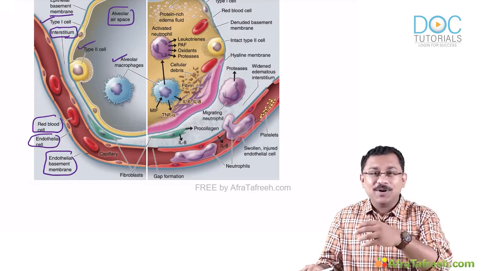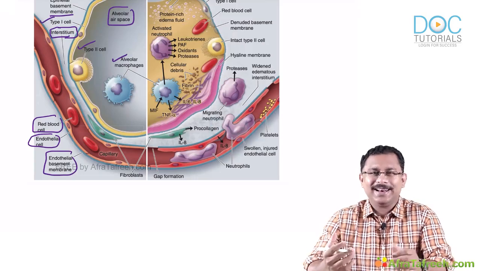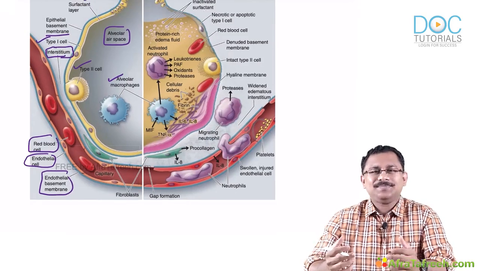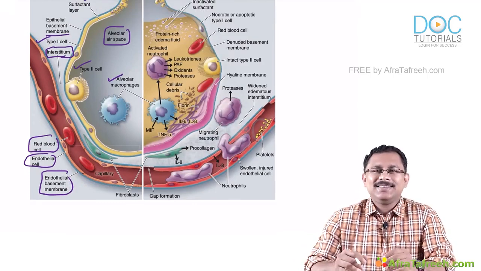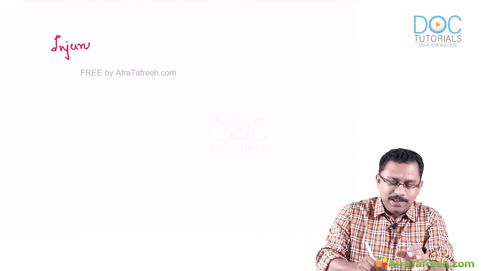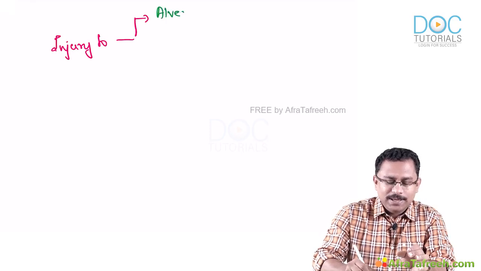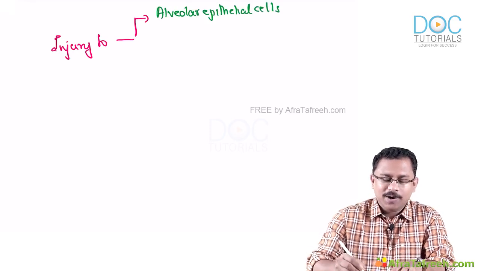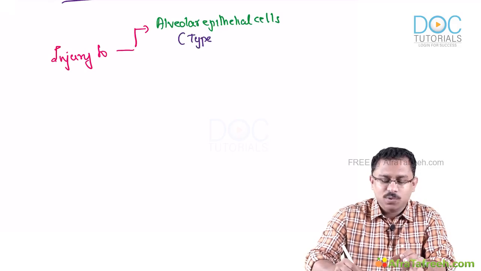So now let's see the abnormality. Whenever there is ARDS, a direct or an indirect lung injury, this alveolo-capillary membrane, which was very intact, is disrupted. So the pathogenesis begins with injury to the alveolar epithelial cells, which are predominantly the type 1 pneumocytes, because you have type 1 and type 2 pneumocytes.